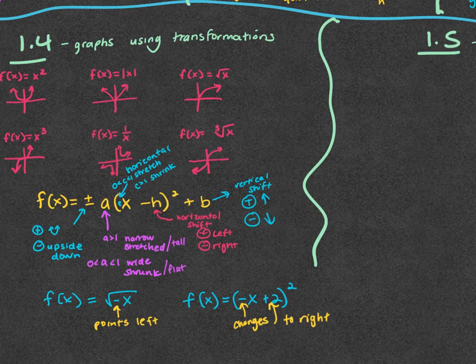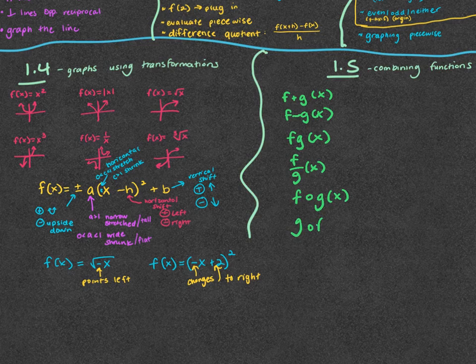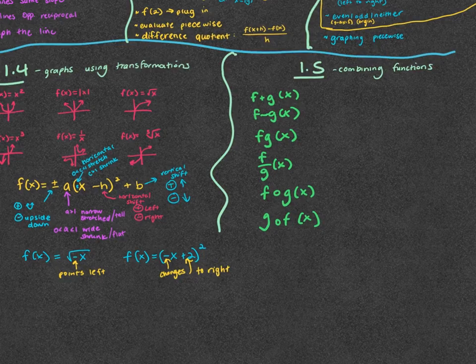And then we got all the way back up to where we started the day, which was our composite functions, right? So for these, you would have f plus g of x, f minus g of x, f times g of x, f over g of x, f of g of x, or g of f of x, okay? And then we also talk about the domains here.